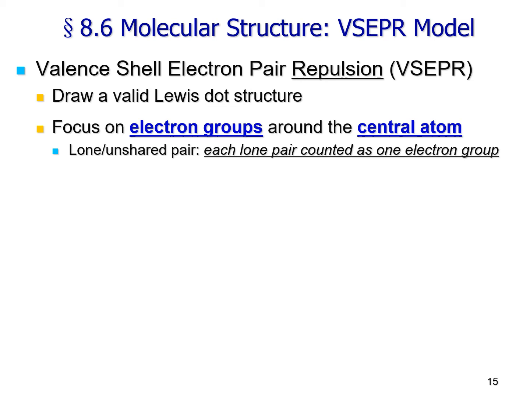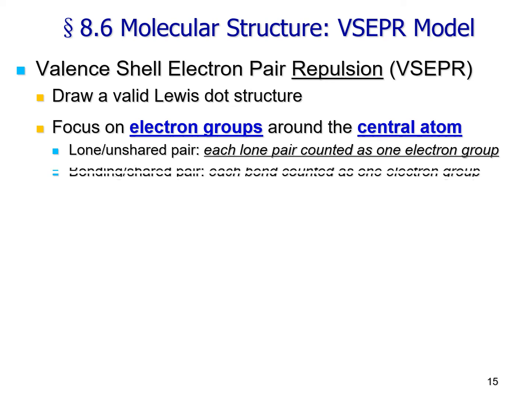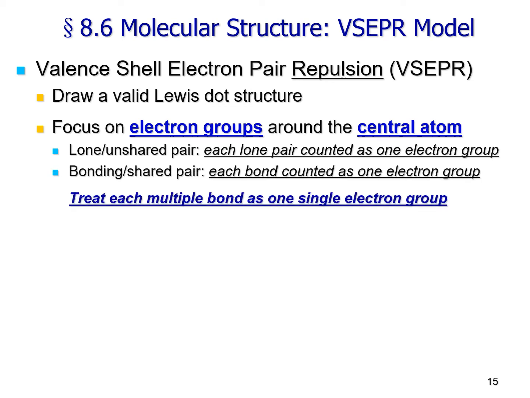If we have electrons occupying the entire one side of a chemical symbol in a Lewis dot structure, we count them as one electron group, regardless of how many electrons there are. That is exactly the principle we treat the bonding electrons with. For bonding pairs, each bond counts as one electron group, regardless of whether it is a single, double, or triple bond.